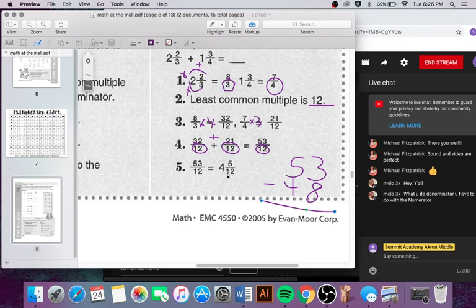So after we have our 4 wholes of 12 over 12, we have 5 left. So our improper fraction changed to a mixed number would be 4 and 5/12.